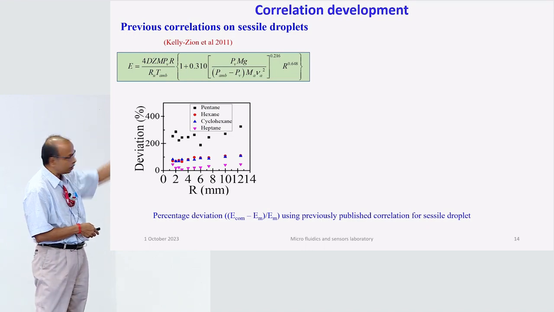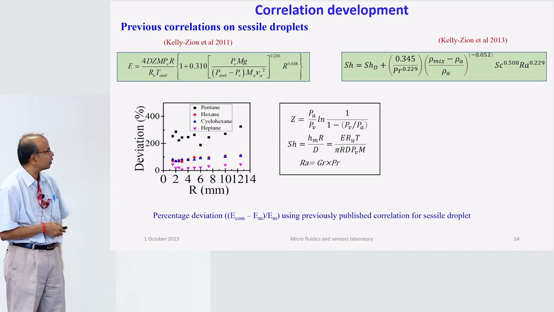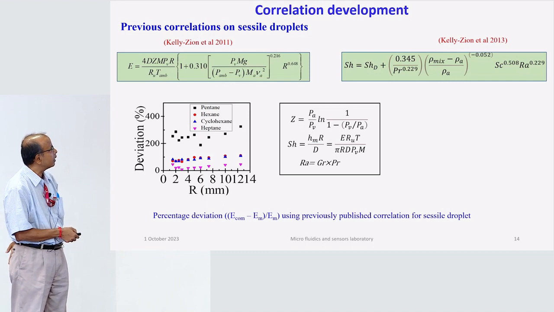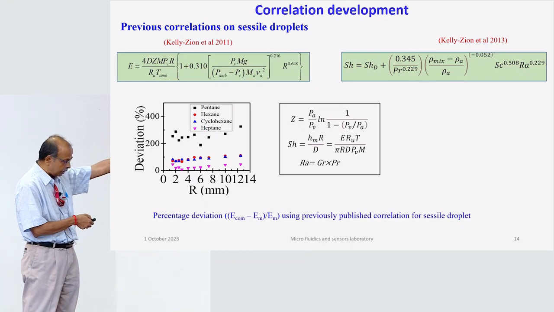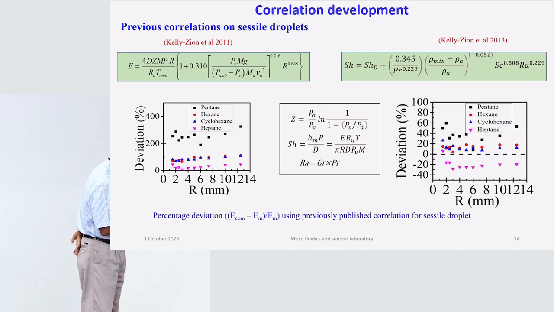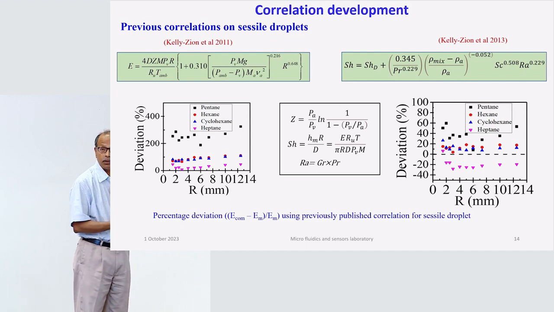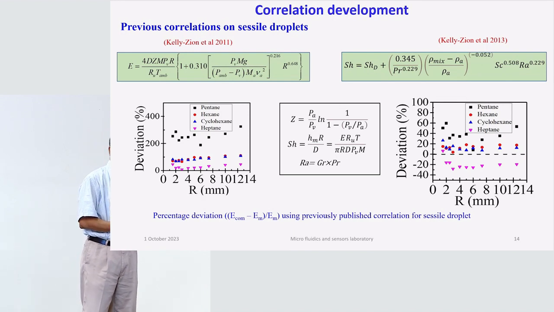We found these authors are also good enough; they came up with a next correlation based on non-dimensional numbers and said this is a better correlation for sessile droplets. So we used it, and the deviation came down from 400% to 100%. The correlation is better as expected, but 100% is still something we cannot accept as having a correlation.